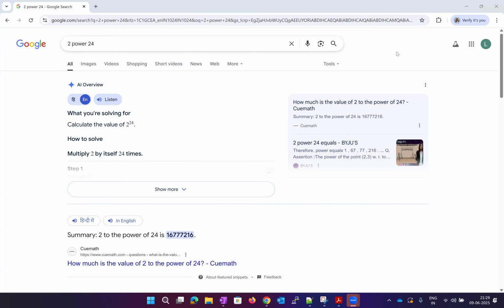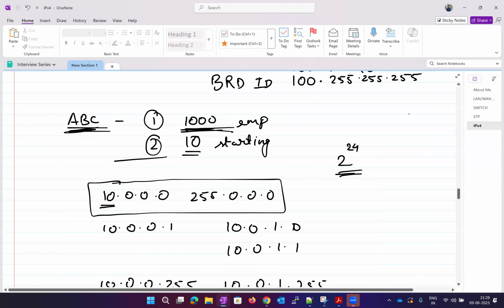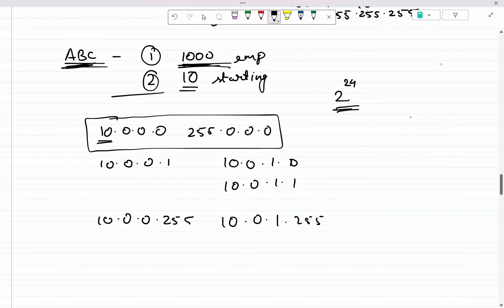It's around crores, right? Now, imagine this guy only has 1,000 employees. Okay, we gave away all the 1,000 IP addresses. What about the rest? It has almost 1 crore 6 lakh IP addresses, out of which we gave only 1,000.